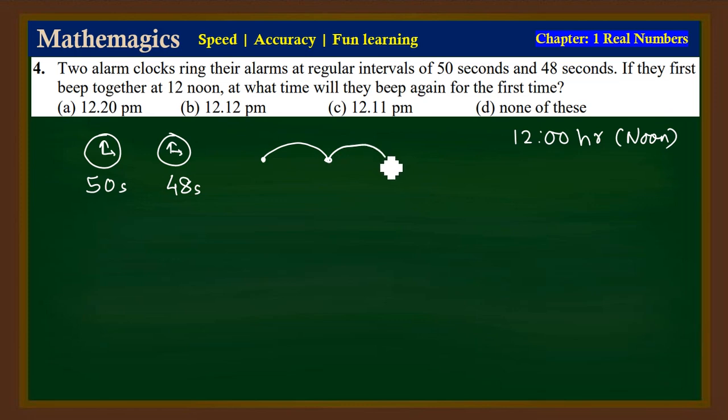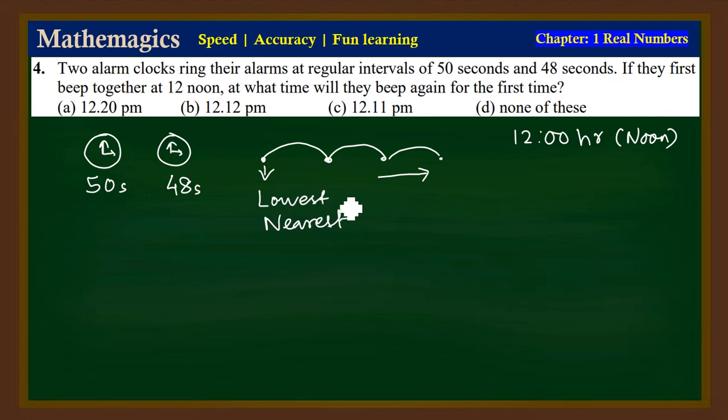It means it will go on ringing. So the question is asking at what time they will beep together again for the first time. As it comes for multiple times, we have to calculate the lowest or the nearest time when it will ring.